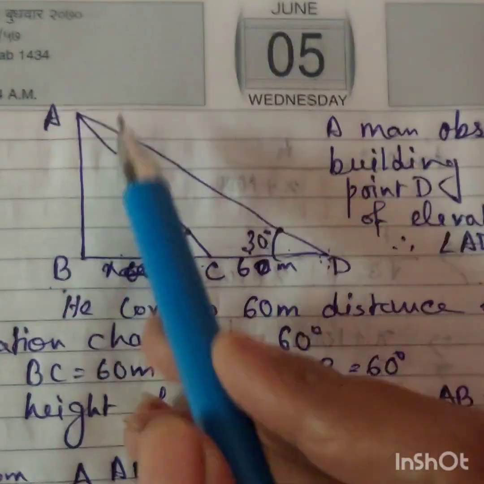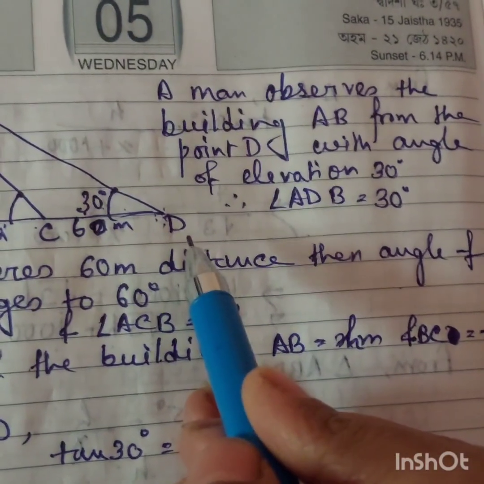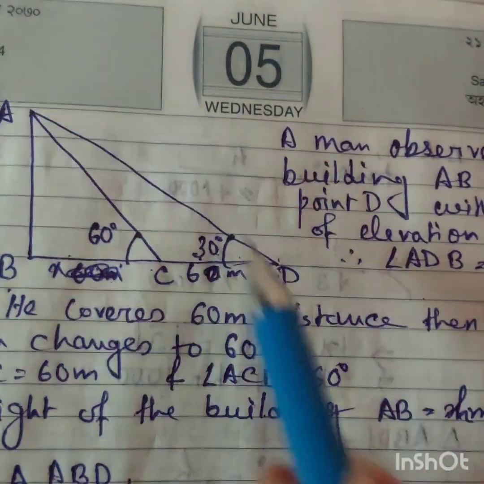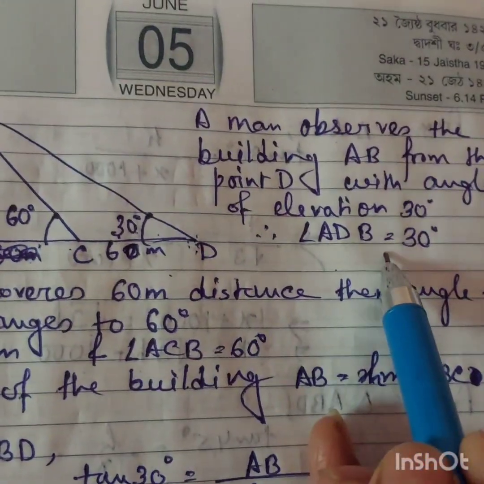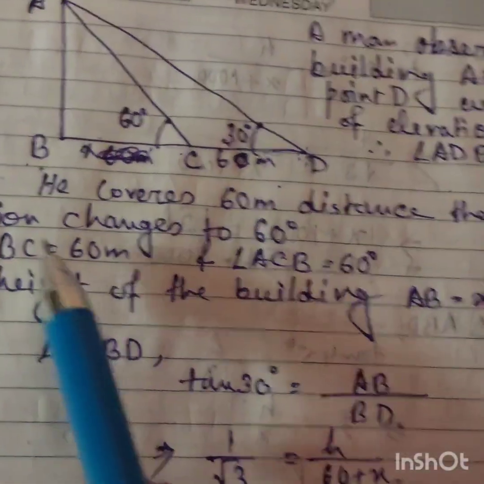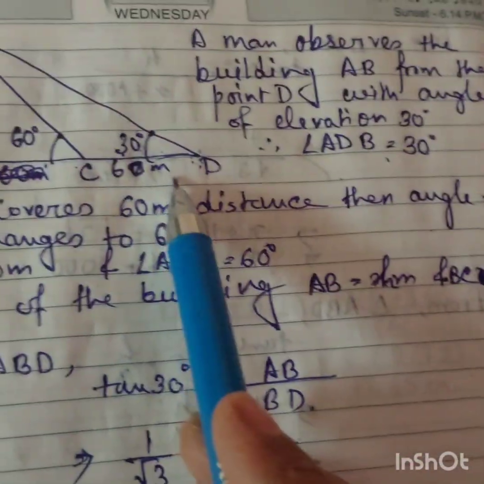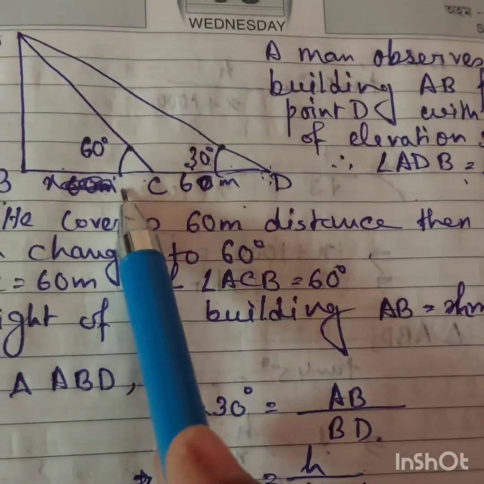So a man observes the building AB from the point D with the angle of elevation 30 degree. Therefore angle ADB is equal to 30 degree and he covers 60 meter distance, then the angle of elevation becomes 60 degree.